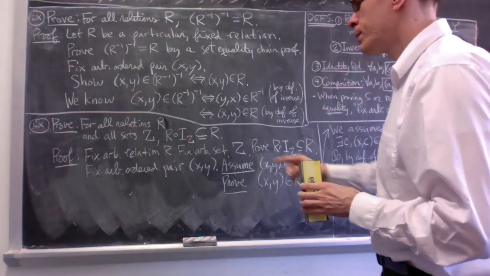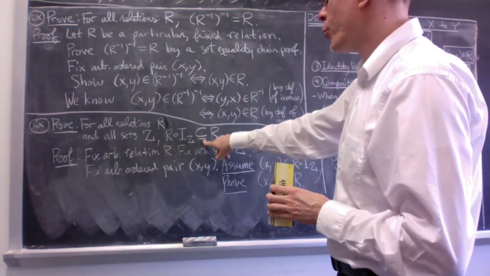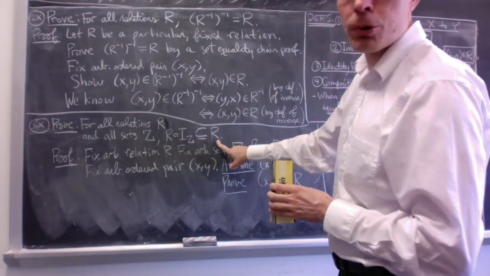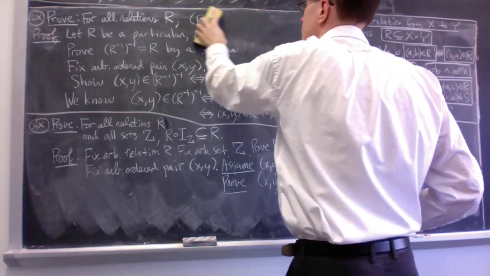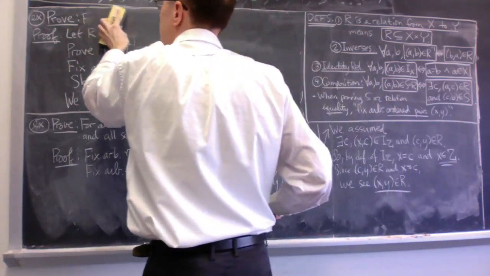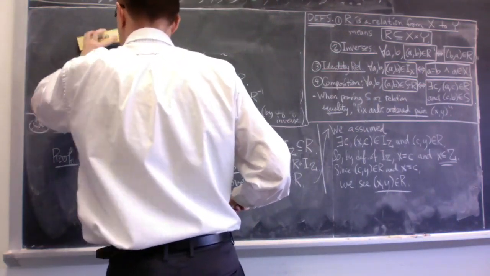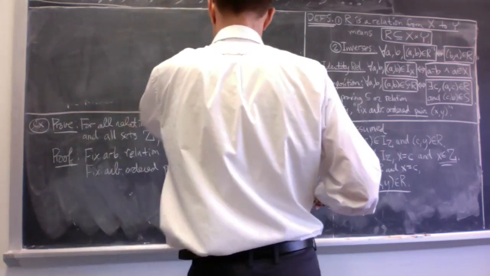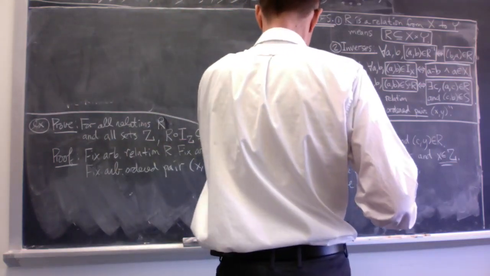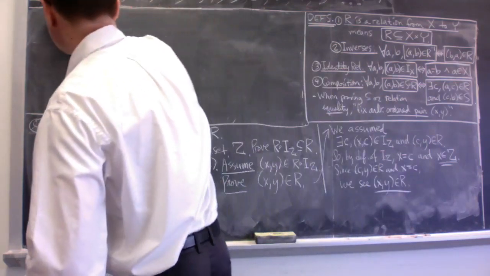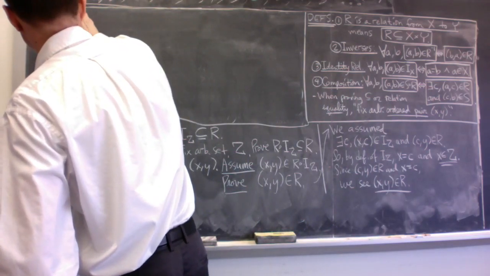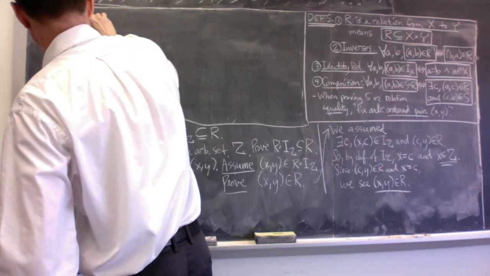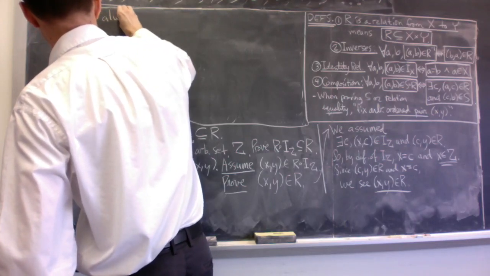Now what you might have expected me to say is that R circle IZ is actually equal to R. Let's think about that. Is that always true?